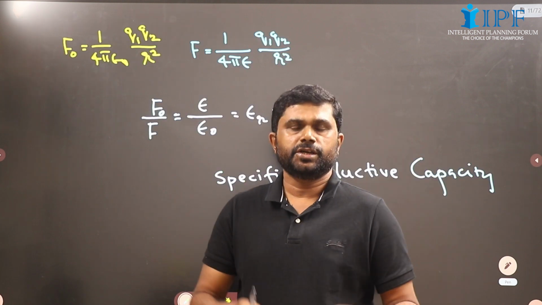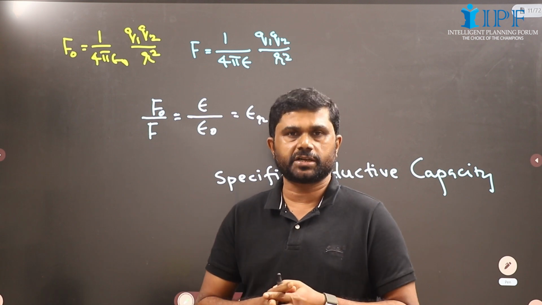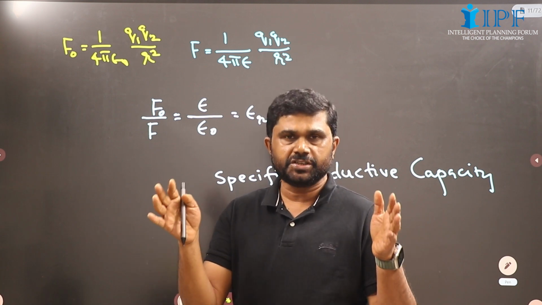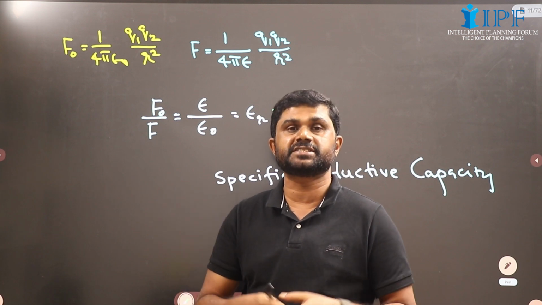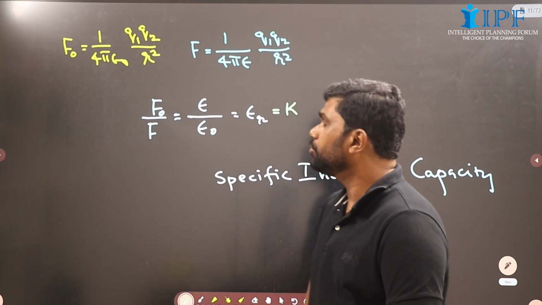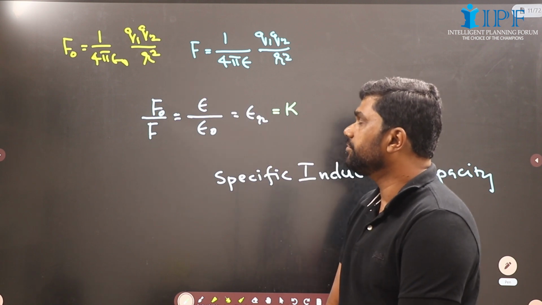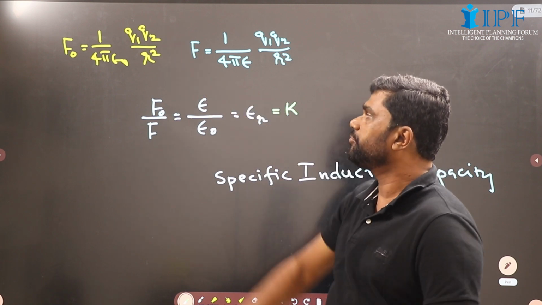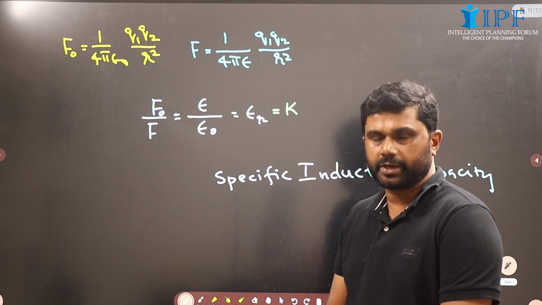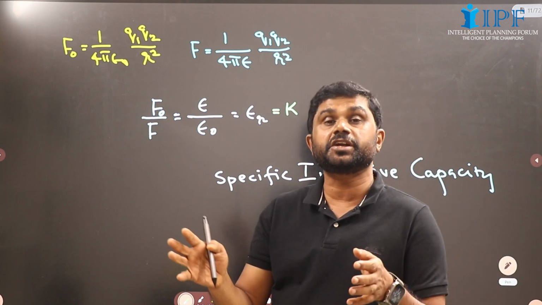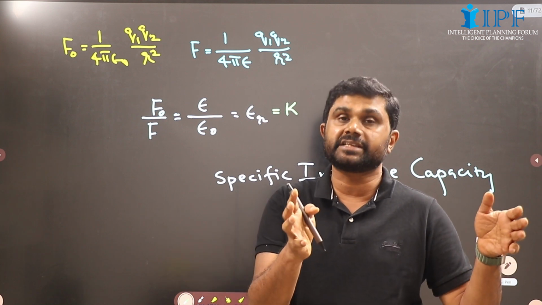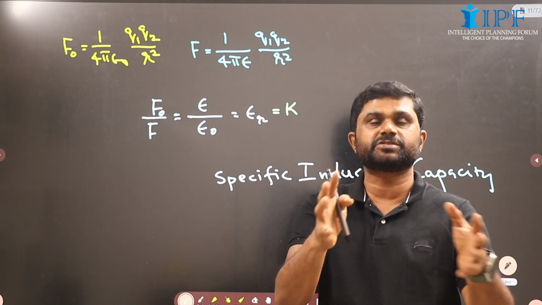Now suppose we have two point charges q1 and q2. When these two charges are kept in vacuum at a fixed distance say r apart, then the force of interaction between them is F with the suffix 0, that is 1 by 4 pi epsilon 0 q1 q2 by r square. Now the same two charges are shifted to a medium other than vacuum and kept at the same separation.